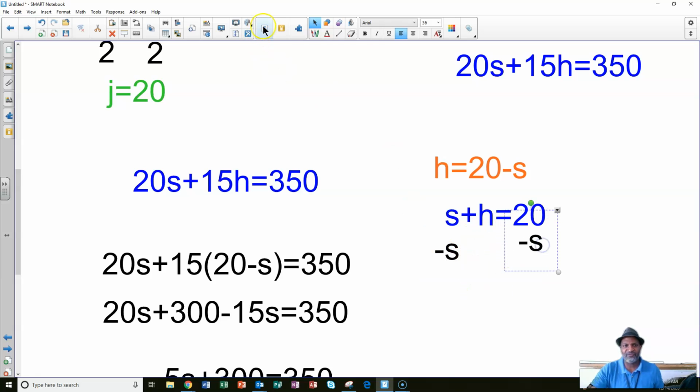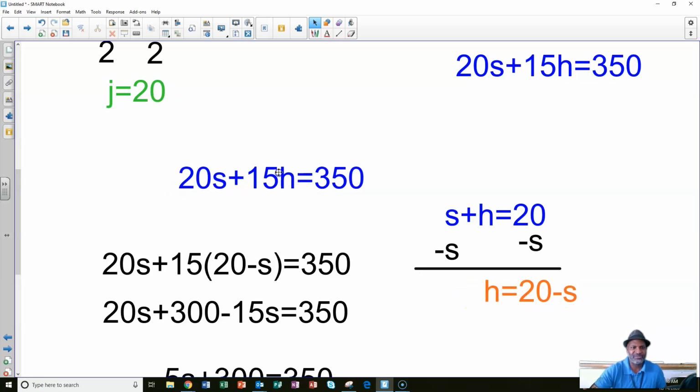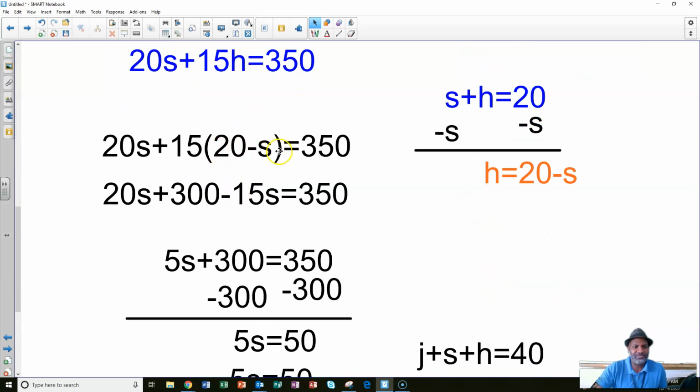If I subtract S from both sides, the S's will cancel out, and I will get H is equal to 20 minus S. The reason I want to do that is because I want to substitute 20 minus S for H in this equation right here. When I substitute it in and use my distributive property, I'll get 20S plus 300 minus 15S equals 350.